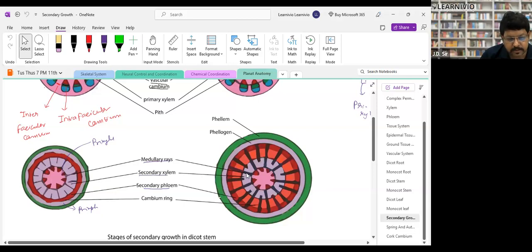Beside the medullary rays there is secondary xylem, and then secondary phloem. So between xylem and phloem, there are strips of parenchymatous tissue called medullary rays. Clear? Yes, sir. Okay.